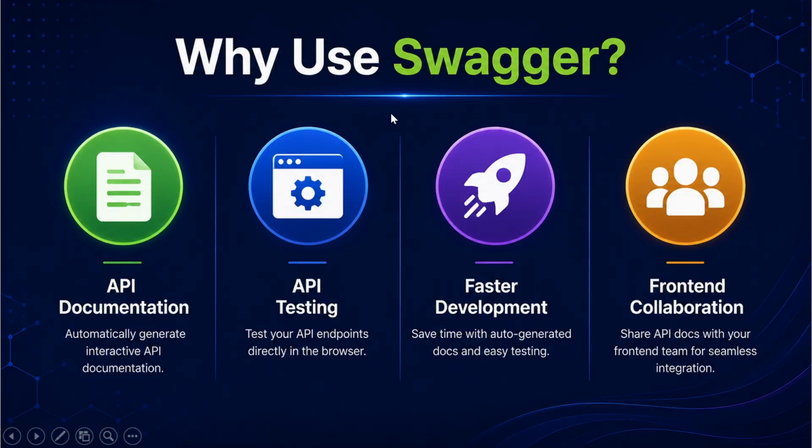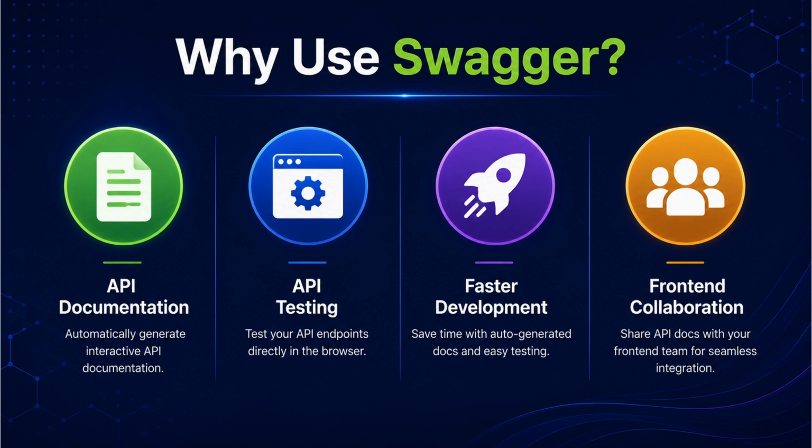So why Swagger? As I said, Swagger provides proper API documentation, meaning all the APIs present in your application are properly documented. It is used for API testing. As we develop our API endpoints, we need a way to test them, which is provided by Swagger, due to which we have a faster development time in .NET.